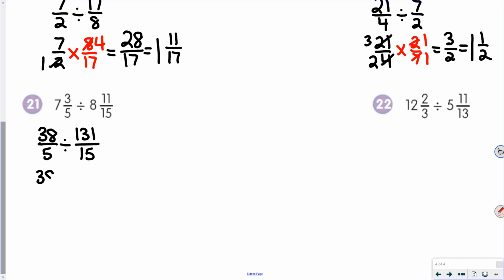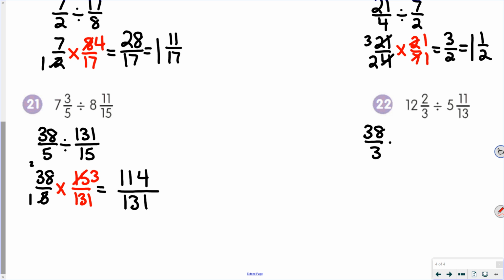Keep, times, turn. 5 becomes 1. 15 becomes 3. 3 times 8 is 24. 3 times 3 is 9, plus 2 is 11. And 1 times 131 is 131. So 11/131st there.